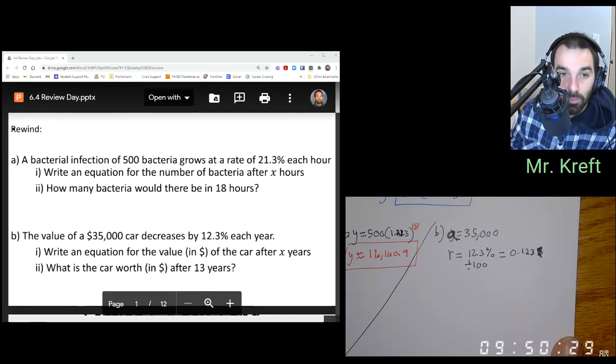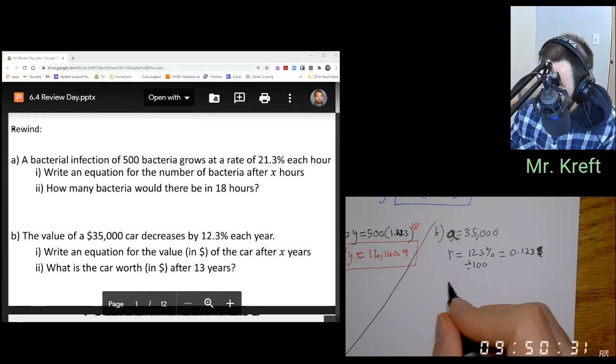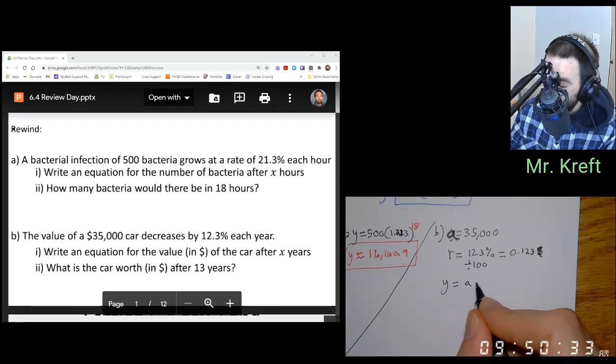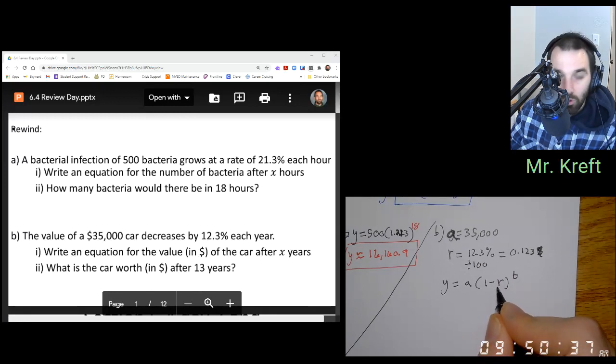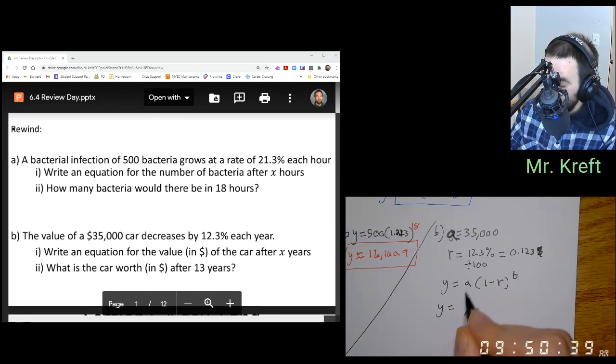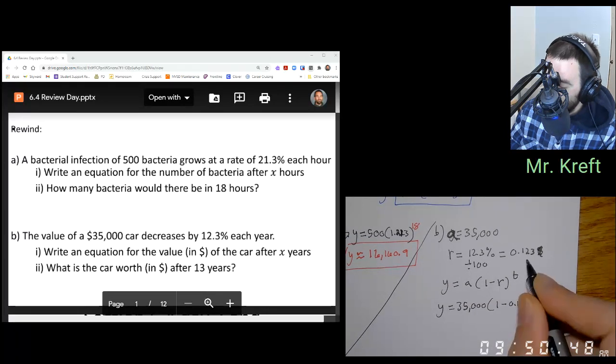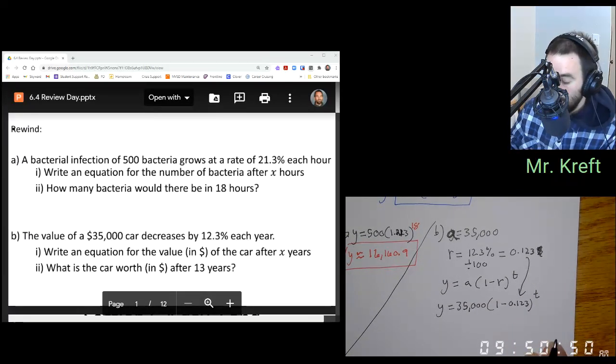We're decreasing, so it's going to be A times 1 minus r, right? Notice the difference. I'm subtracting. So in my equation, I replace A with 35,000. And then 1 minus 0.123 to the t. So again, I'm putting my r there.